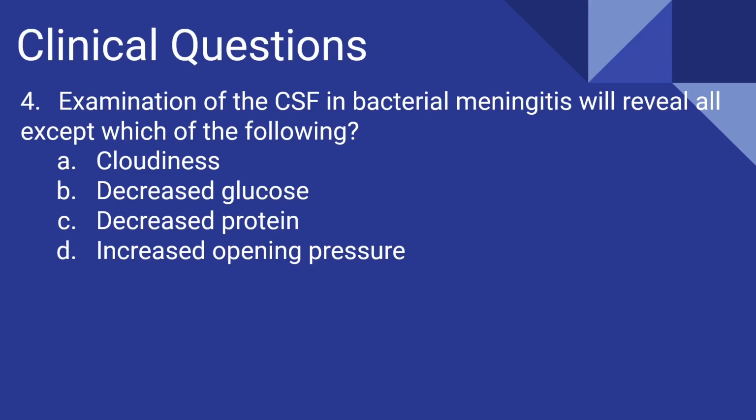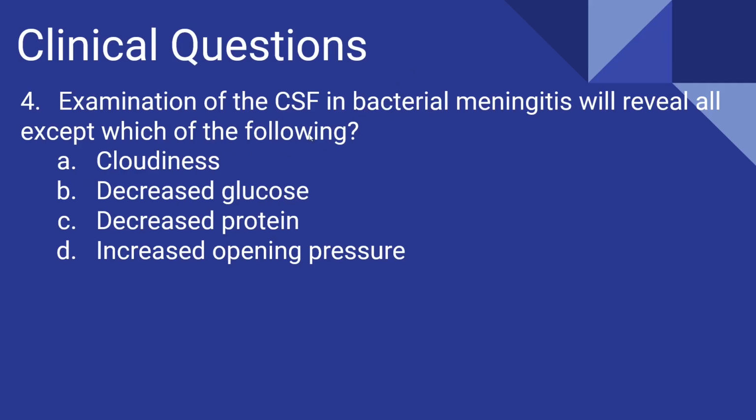So this is one of those questions that even if you didn't know anything about bacterial meningitis, you could potentially still answer correctly, right? If you know how bacteria differ from viruses, then you could piece this question together and potentially get the right answer. You know that bacteria eat and utilize glucose, so decreased glucose would be correct.